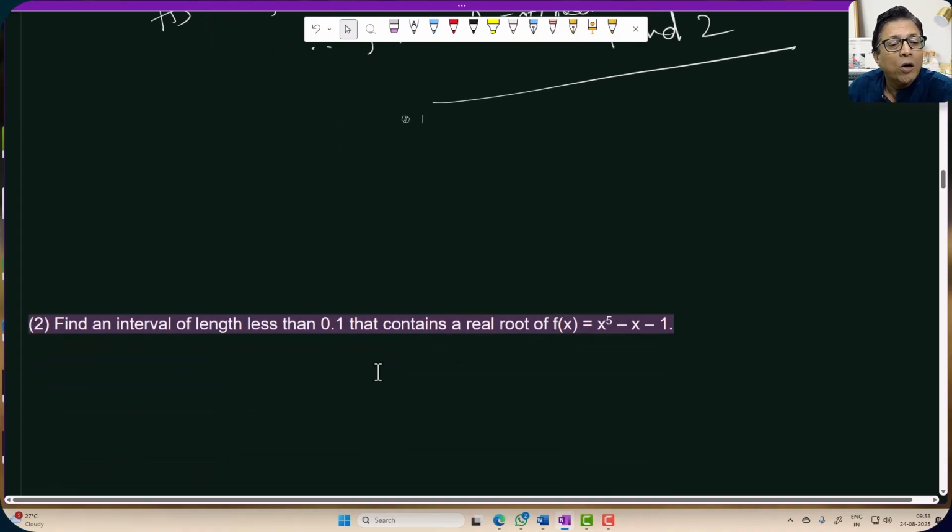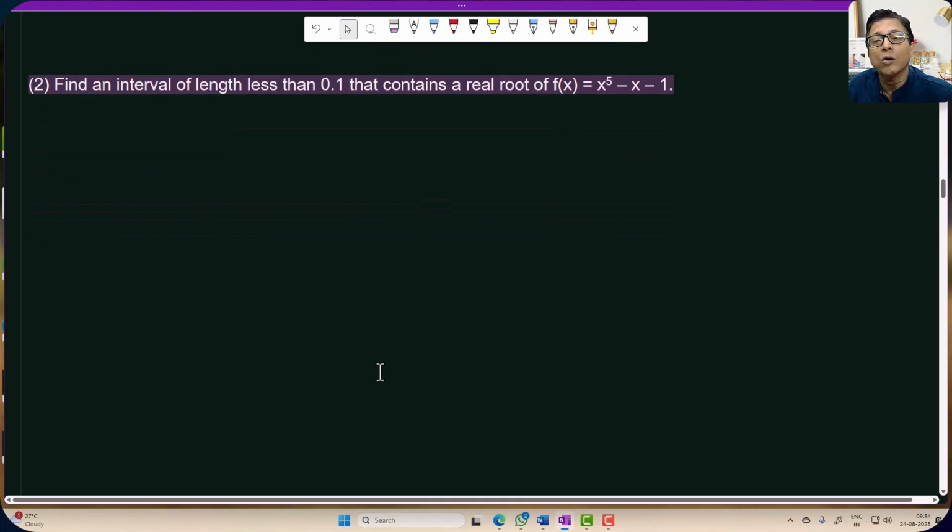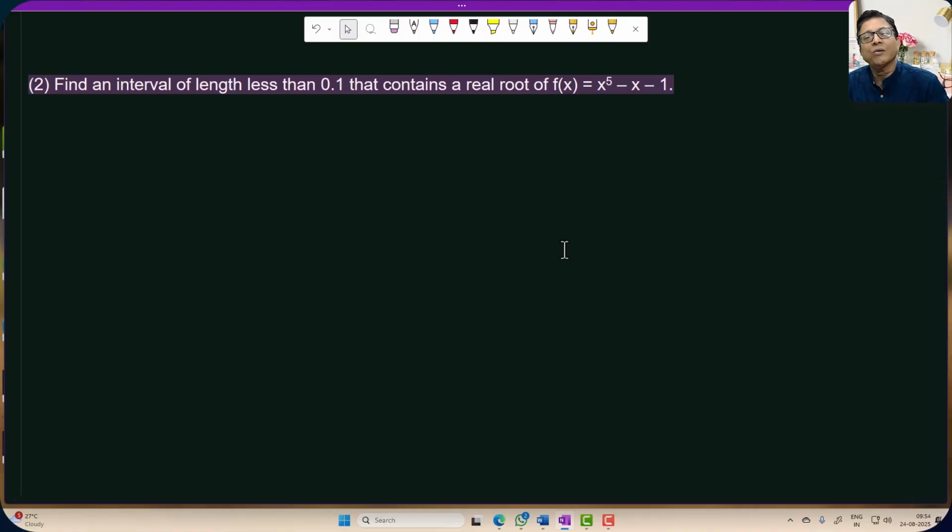Let us go for this problem. Find an interval of length 0.1 that contains a real root of f(x). Is it a bit tricky? No, not at all. You find the sign change, where the sign change occurs. See, it's very easy to determine.